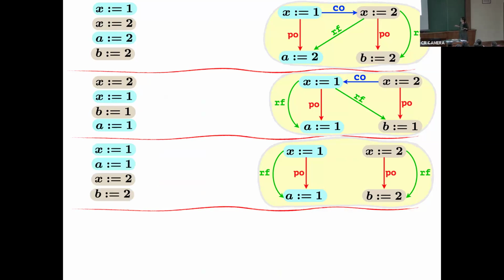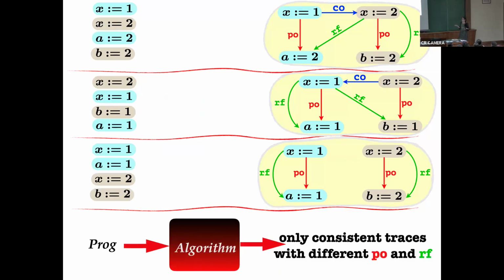So the structure of the algorithm is going to be: take a program as input, take whatever assertion. Your algorithm should be one which explores only consistent traces. What I mean by consistent is, does it agree with your memory model? So think of some acyclicity condition. We don't need to know what exactly it is. For SC, it is whatever I wrote. For RA, it is some other acyclicity. For TSO, it is some other acyclicity.